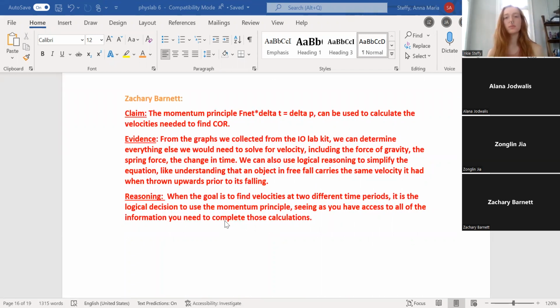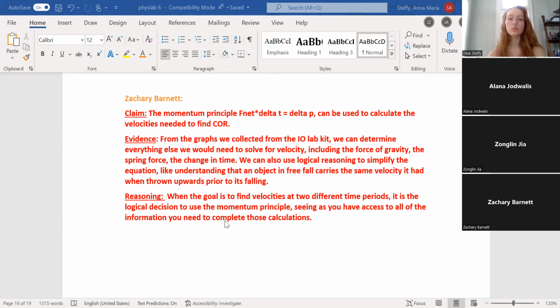Yeah. So basically, my claim is that you can use the momentum principle, F net times delta t, to define the change in momentum, and then you can use that to calculate velocities, and then ultimately find the COR value. From the graphs I collected using the iLab kit, you can pretty much determine everything you need except for velocity.